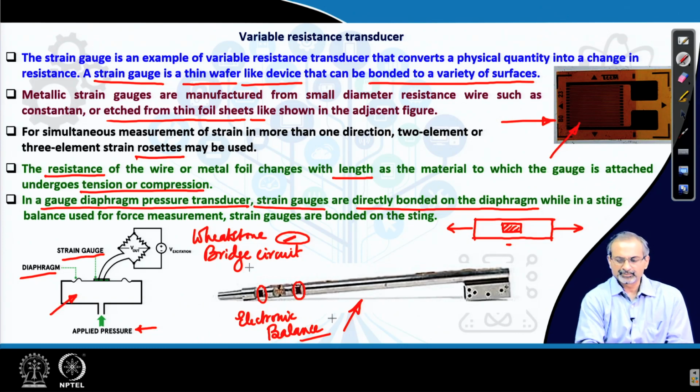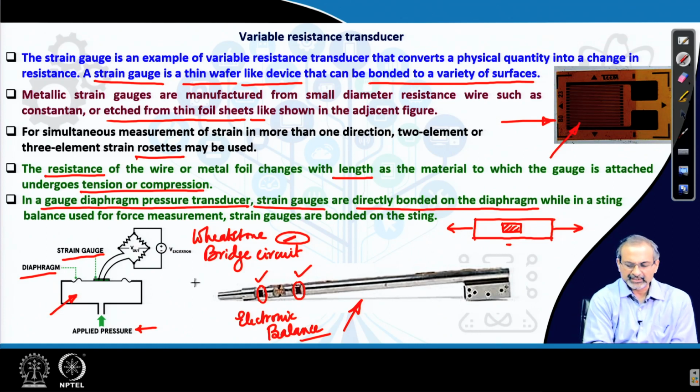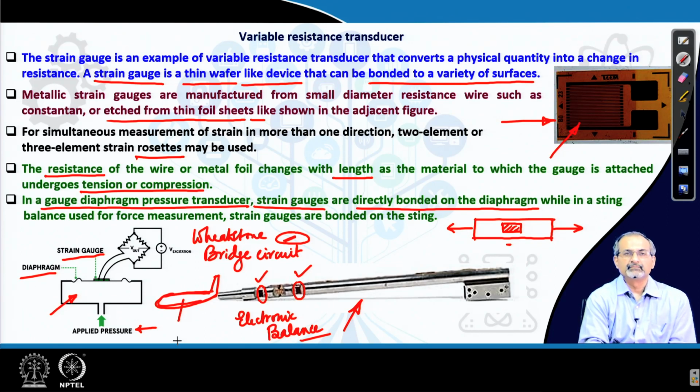Here we are talking about using strain gauges to record the deformation of a balance, which deforms because it is connected to some kind of a model which is mounted in the test section, which I am drawing on a much smaller scale just for demonstration.